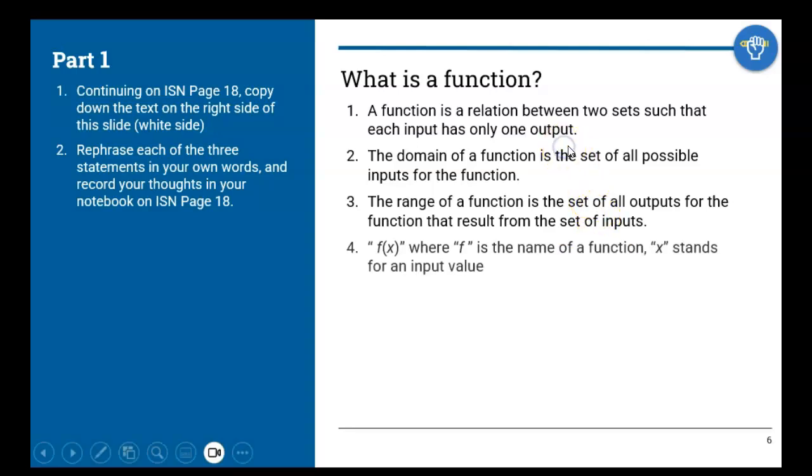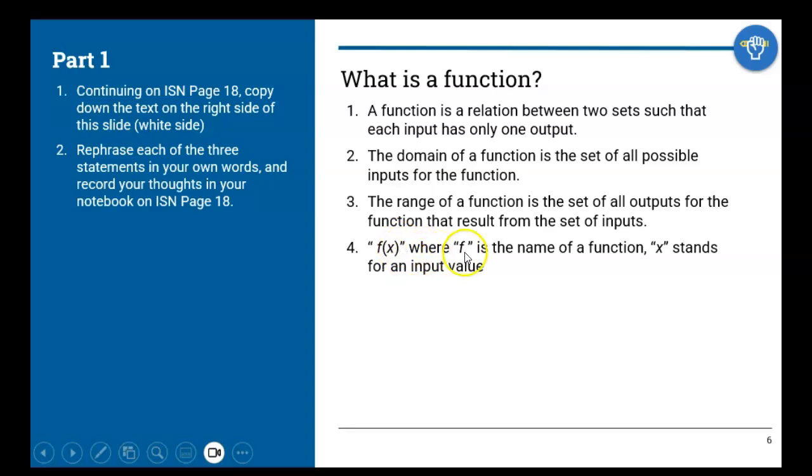And then the fourth thing was what Emily started us off with, which is f of x, okay? That f of x notation is very important to be able to analyze it and interpret what the data values are, okay? So for f of x, f is the name of the function, and the x inside is the input value. So if you don't remember that, jot that down, please. F is the name, x is the input, okay?